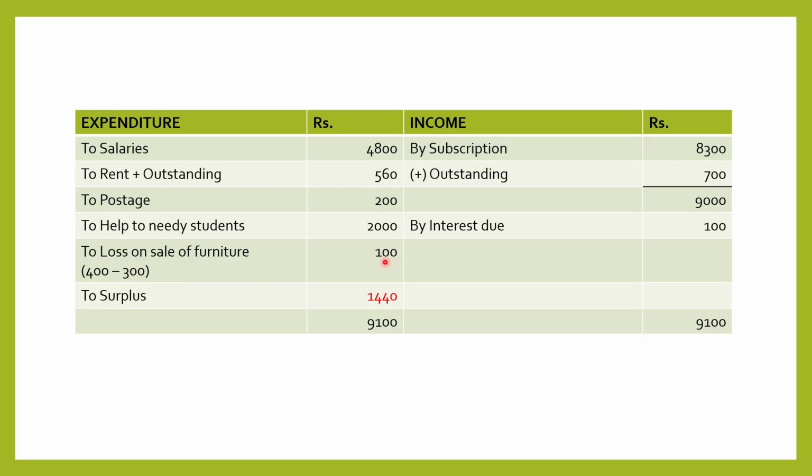So 400 minus 300, 100 is written here. And then subscription, you have outstanding still receivable for the year 1997 is 700, so totally 9,000. And then one more adjustment, that is interest due on saving certificate is 100. So total of the income and expenditure account is 9,100, and then the difference is falling on the debit side, that is excess of income over expenditure, that is surplus. So this is the result.